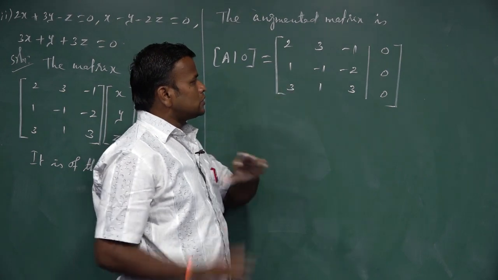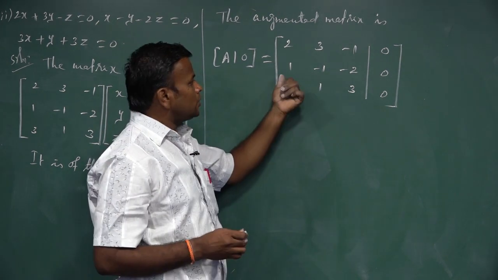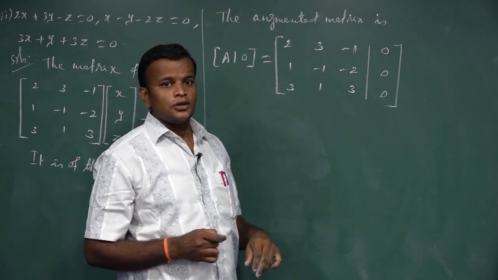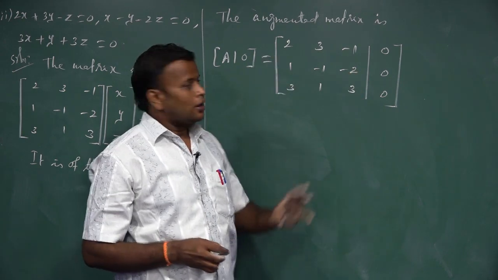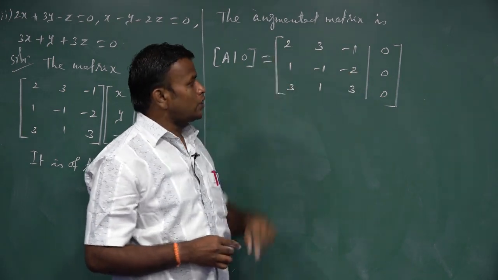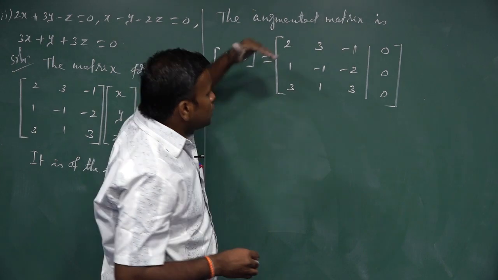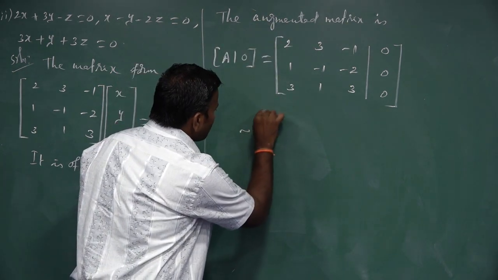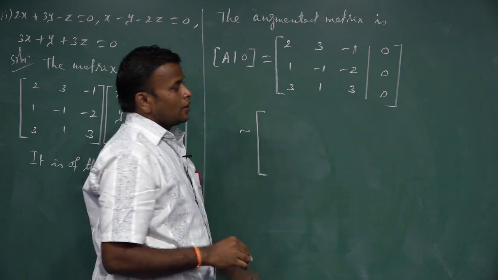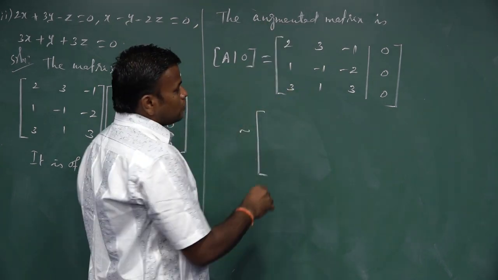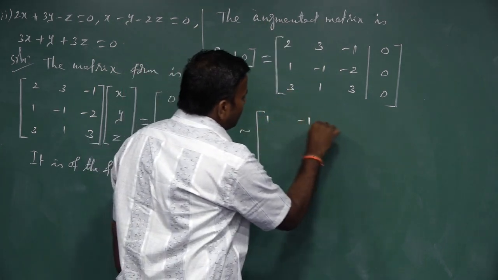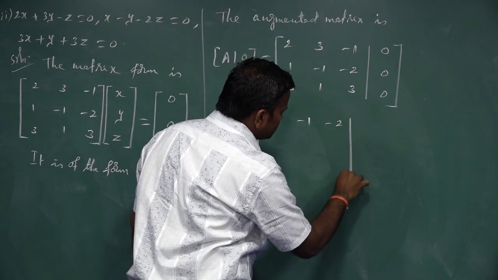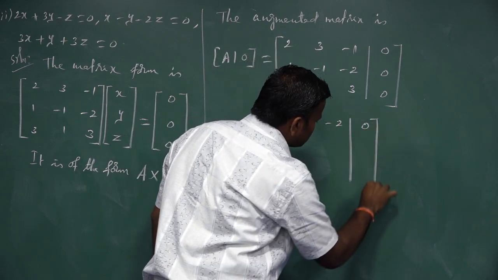Suppose the number 1 is not there, and we have 4, 5 like this, then we leave the first row as it is. Now here there is a chance to get 1 in R1, so I interchange R1 and R2. The second row becomes the first row: 1, minus 1, minus 2, 0.